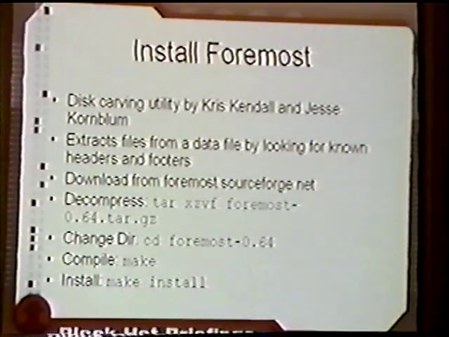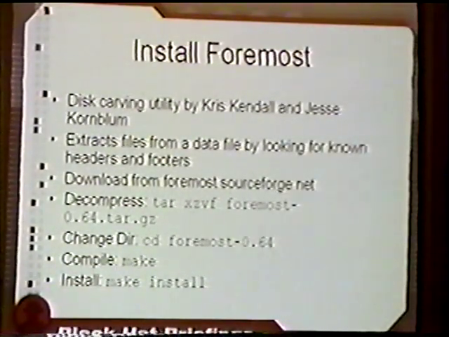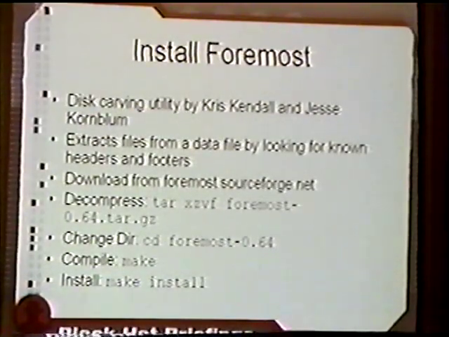Foremost is another tool you're going to want to install. This is a disk carving tool by Chris Kendall and Jesse Kornblum, who's actually sitting right over there. A great little tool for doing what's called data carving, disk carving, or however you want to call it. It looks at a raw data file, usually a forensic image, and will look for, for example, the JPEG header. And it knows, okay, I see a JPEG header.